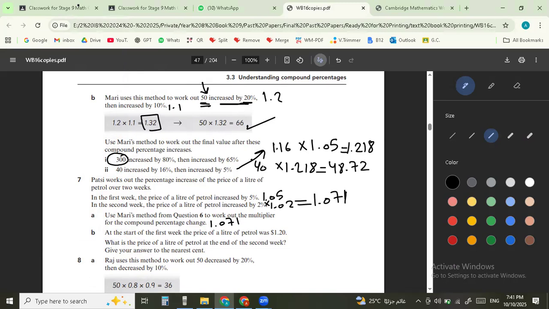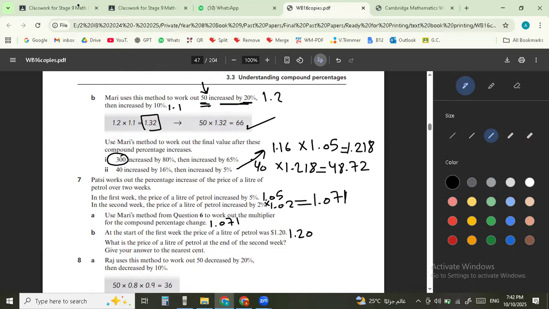At the start of the first week, the price of a liter of petrol was $1.20. What is the price of a liter of petrol at the end of the second week? They want the price after the increase of 5% and after the second increase of 2%.